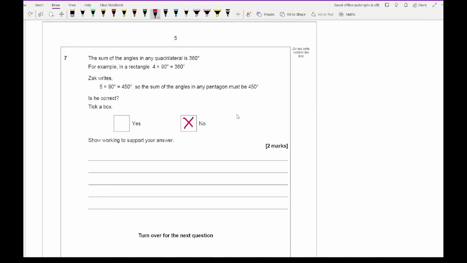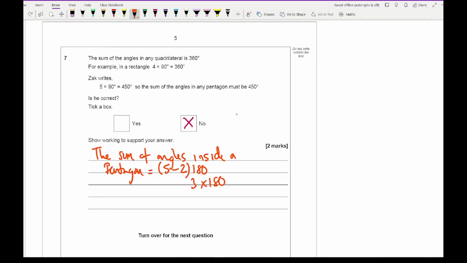And the reason for that is because the sum of angles inside a pentagon is going to be 5 minus 2 times 180, so it's 3 times 180, which equals 540.